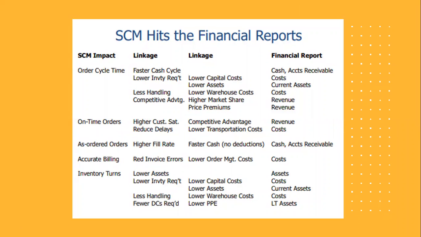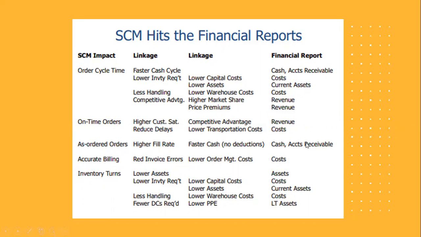Here, on this slide, I also wanted to talk to you about how supply chain management affects various financial reports. It's linked, you see, there are certain metrics that are used to understand the supply chain impact, such as the order cycle time. On this slide, I'm not going to go into much detail, but you can see how every single supply chain metric, everything that's happening in the supply chain, has impacts on the financial reports, whether it's the order cycle time, the on-time orders, as ordered orders, the fill rates, accurate billing, inventory turns.